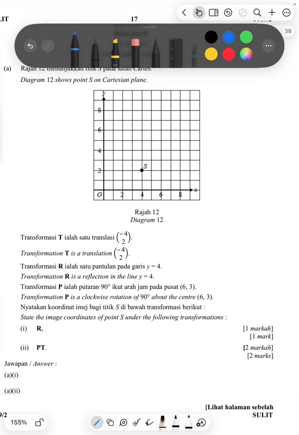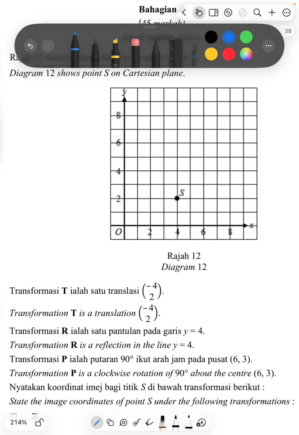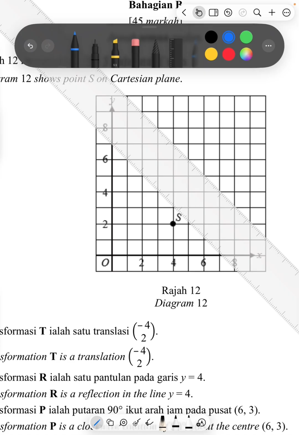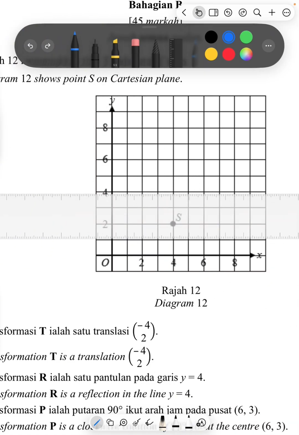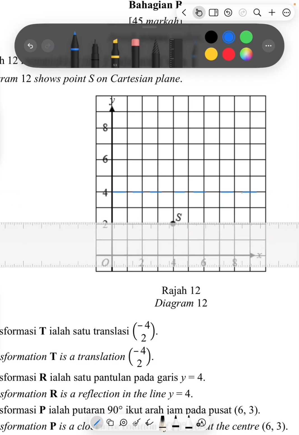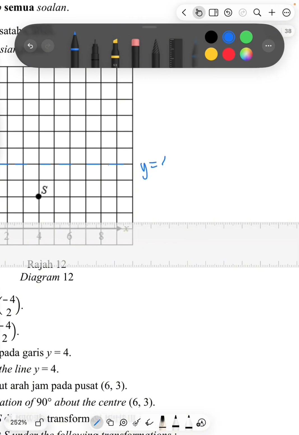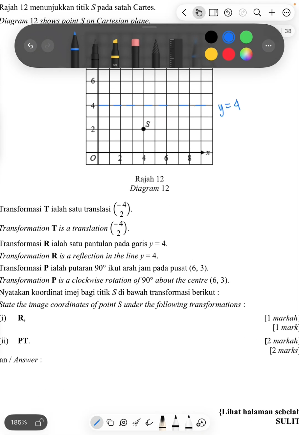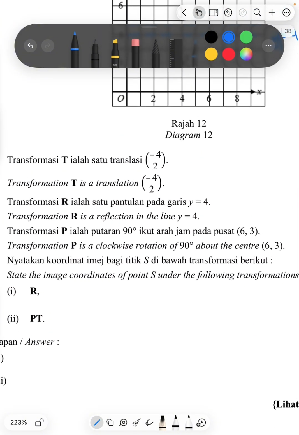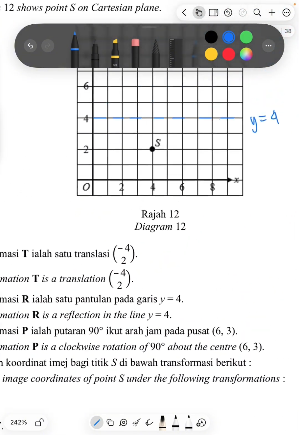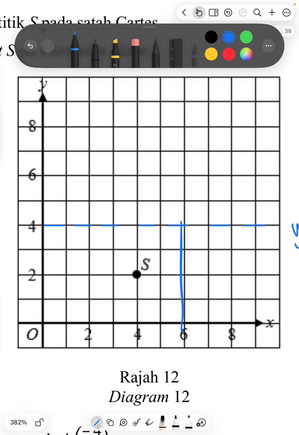Okay, now, transformation R is a reflection in the line y equals 4. Line y equals 4 is where? This is y. This is 4. This is line y equals 4. It says that transformation P is a clockwise rotation of 90 degrees about center (6, 3).